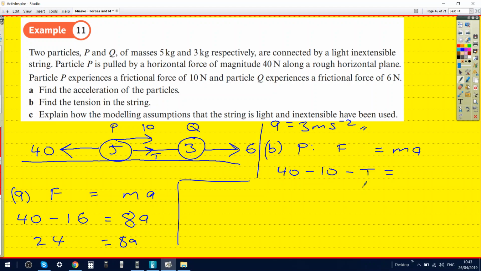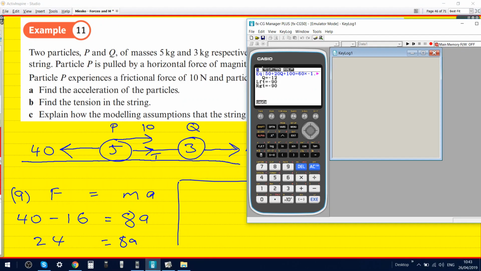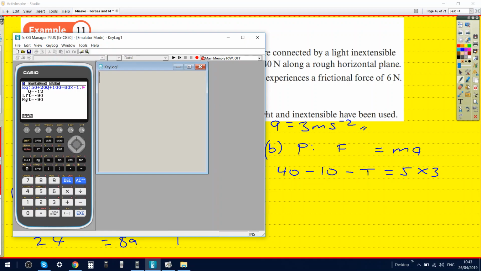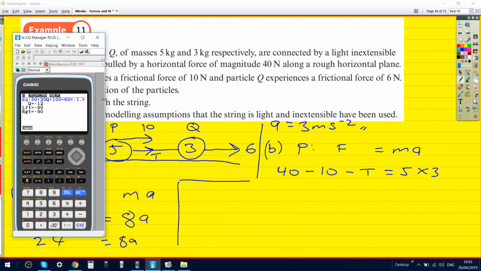So 5 by 3. Yeah. And that's what you solve. So T equals 15. Okay.